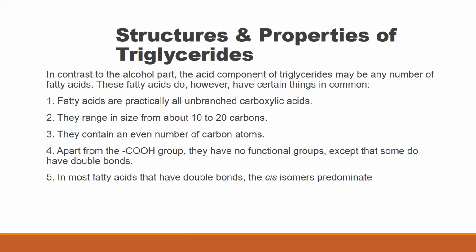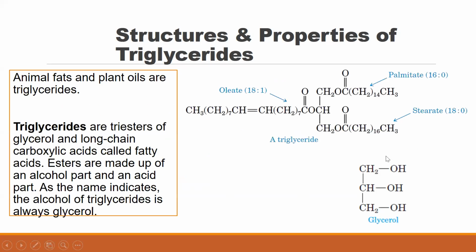In contrast to the alcohol part, the acid component of the triglyceride may be any number of fatty acids. It can be a mixture. For example, we have a peanut. You can have oils from your peanuts. It can be a mixture of oleic, stearic, palmitic acid.